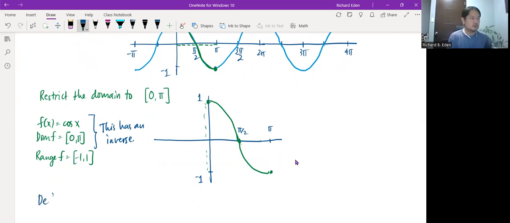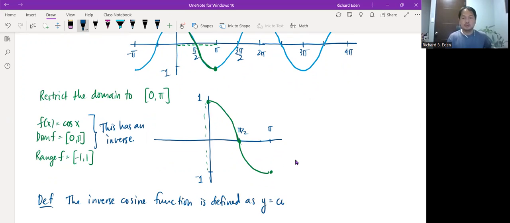So definition, okay, the inverse cosine function is defined as y equal to cosine inverse of x, where, okay, the domain will be the range of the function f in green. Okay, so given the function f in green, kukunan natin ng inverse.